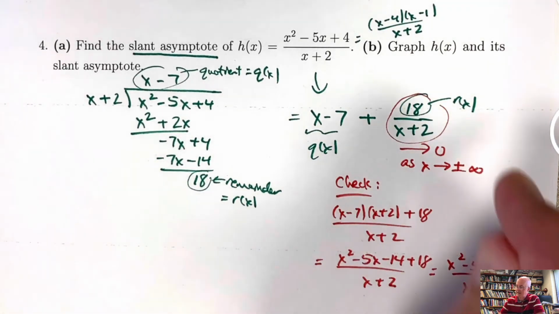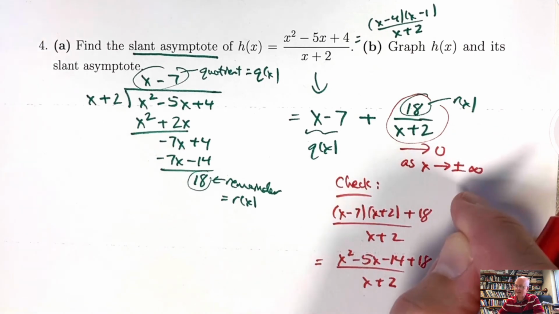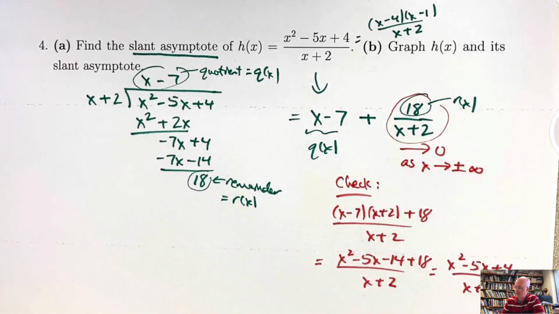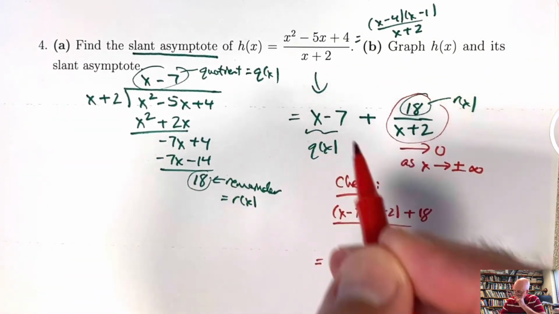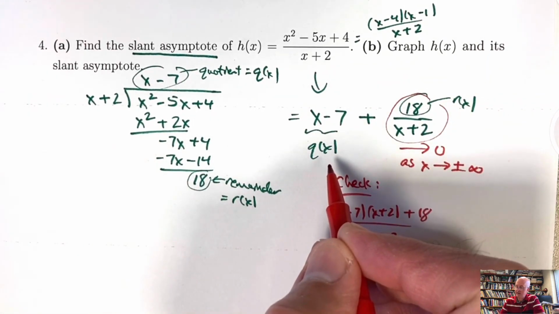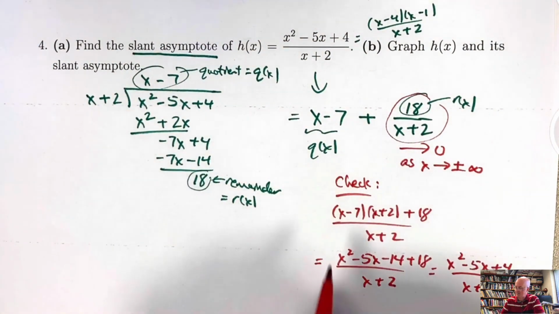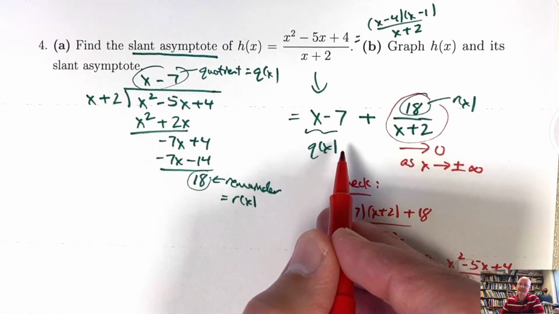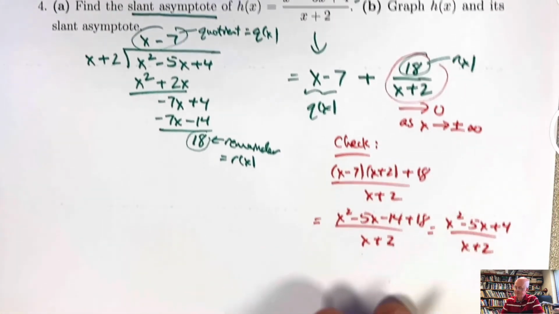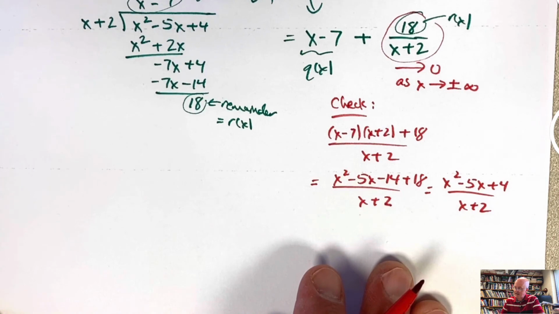I can make it as close to 0 as I like by making x big enough in either the positive or negative direction, which means this function, h of x, acts like its quotient, q of x. Their values are very, very close together when x is very, very large, and that means their graphs are close together, and that's why it's a slanted asymptote, and this graph is slanted with a slope of 1. All right, so that's the slant asymptote.